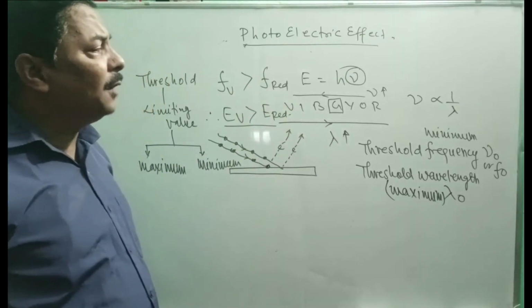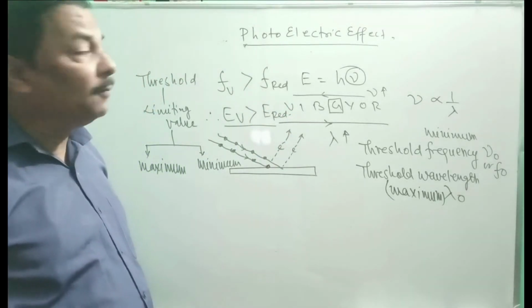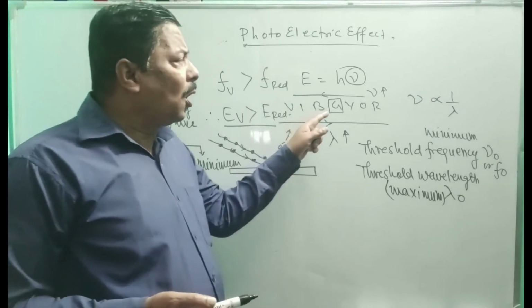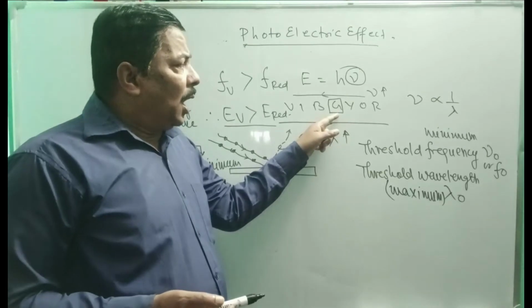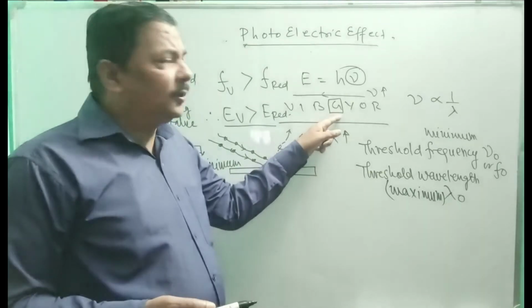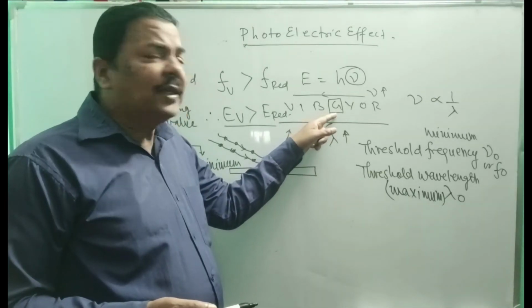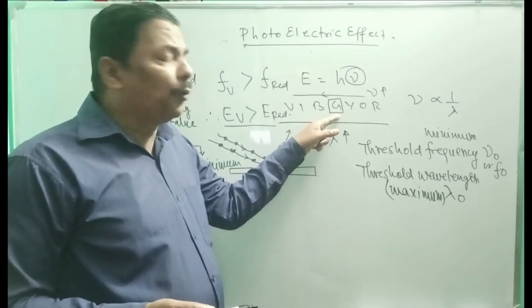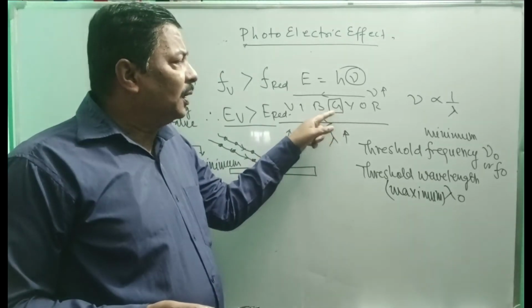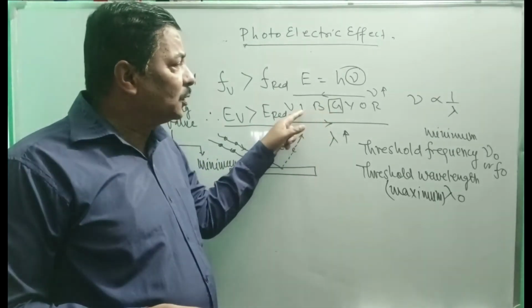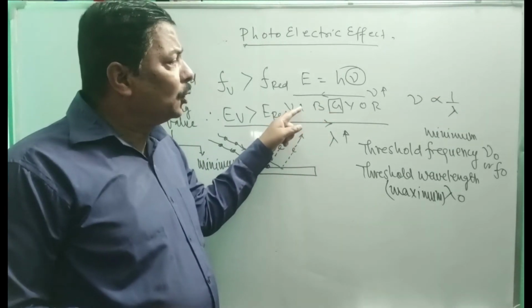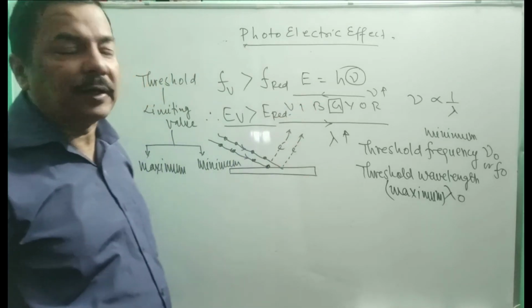At the same time, if you want to talk in terms of wavelength, then the wavelength of this is maximum. This maximum wavelength has the capability to produce photoelectrons, and wavelength less than this maximum value is sufficient to produce the photoelectric effect.